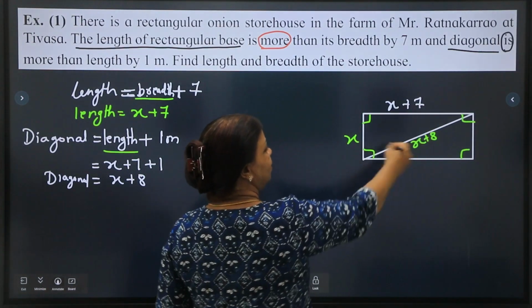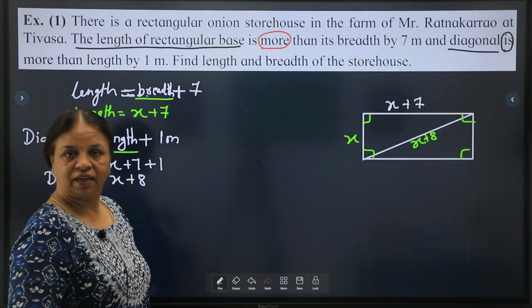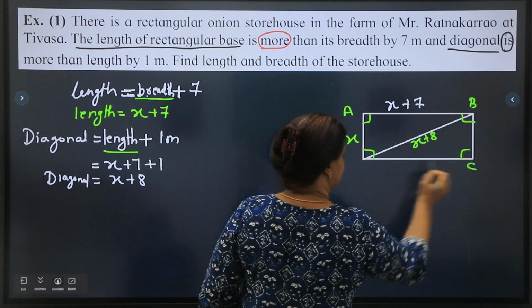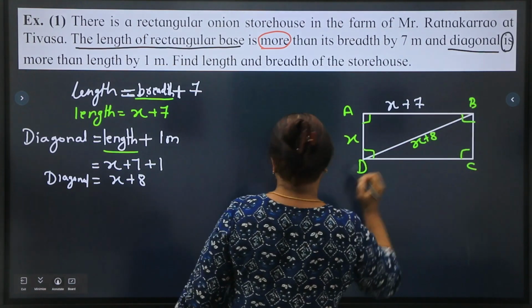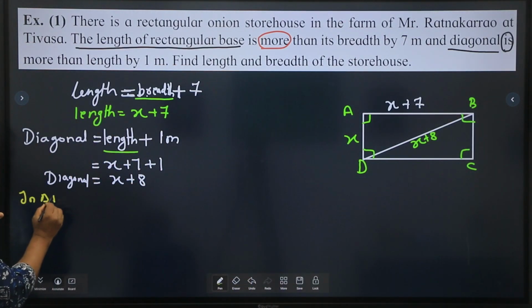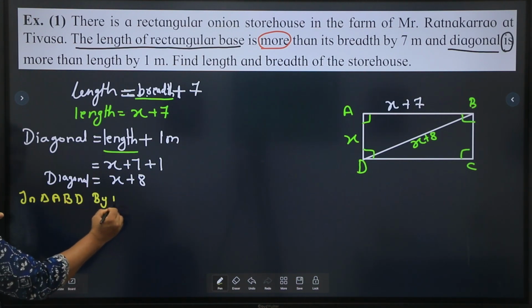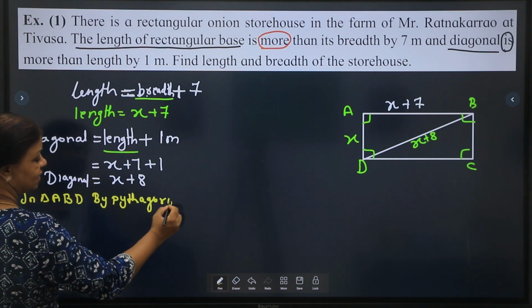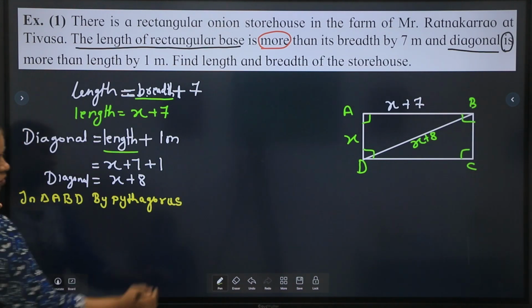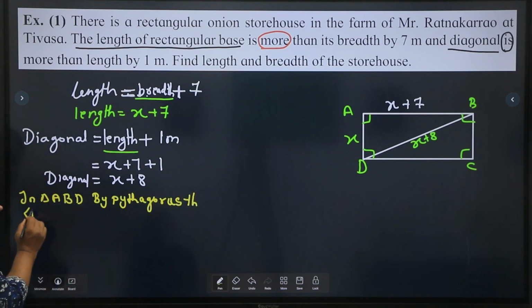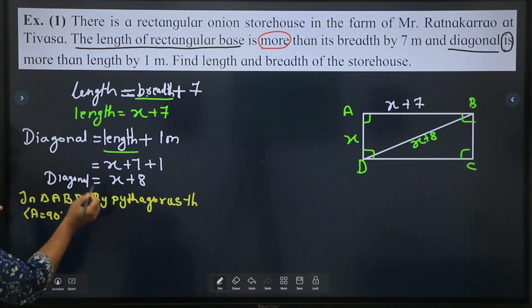So in this figure we can use Pythagoras theorem, in triangle ABD. And why are we using Pythagoras theorem? Because angle A is 90 degrees.